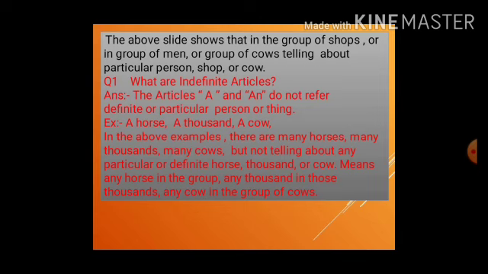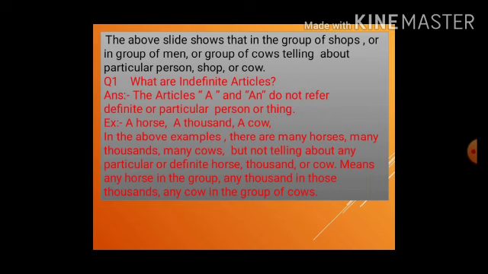For example, a horse, a cow. Children, see, foreigners will pronounce it as a horse, a cow. And in our country, we will pronounce it as a horse, a cow.